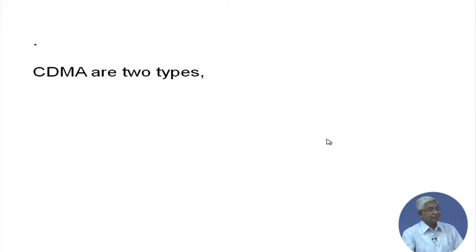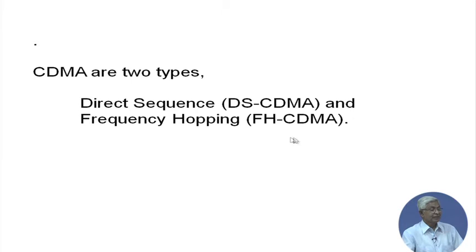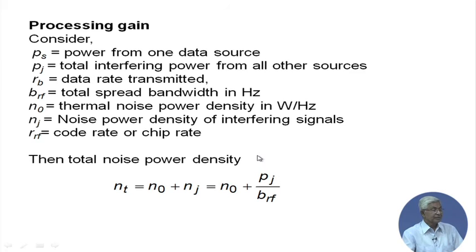Now, CDMA are of 2 types. One is called direct sequence CDMA, another is called frequency hopping CDMA. Let us not go into the detail of these. In case of frequency hopping, based on the code sequence, you correspondingly map it into different frequency.